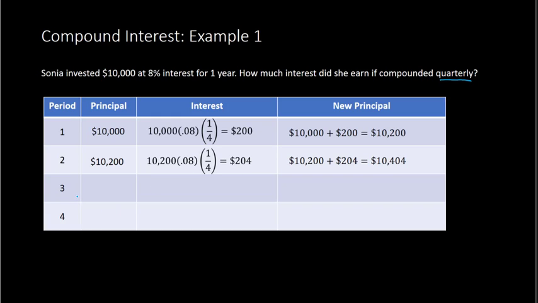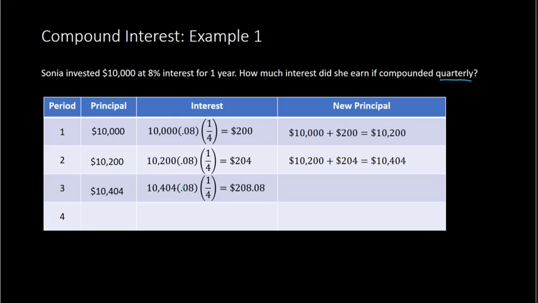So for period 3, at the beginning of quarter 3, my new principal is $10,404. To calculate the interest earned within quarter 3, I take the principal times rate times time: 10,404 times 0.08 times 1/4 of a year. When I multiply that together, the interest earned is $208.08.